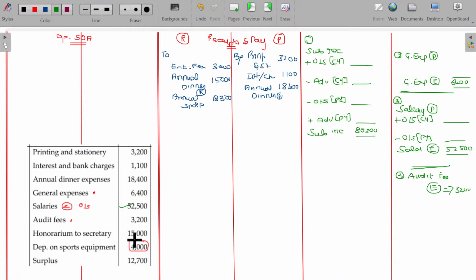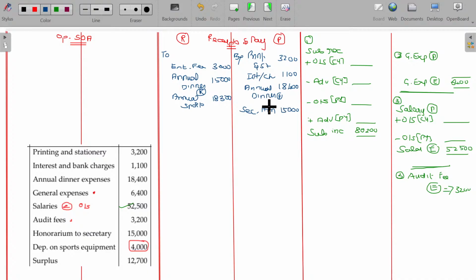And honorarium to secretary, nothing stated, only a payment. Secretary honorarium, this value being 15,000.